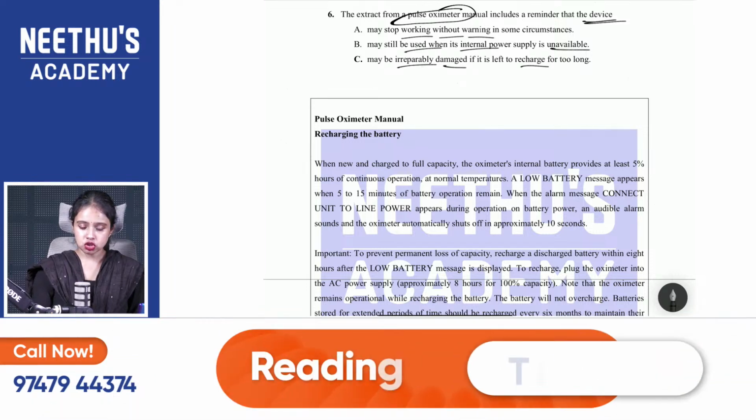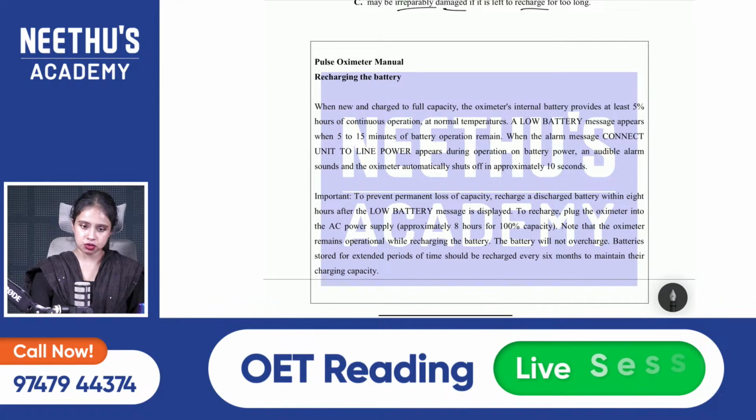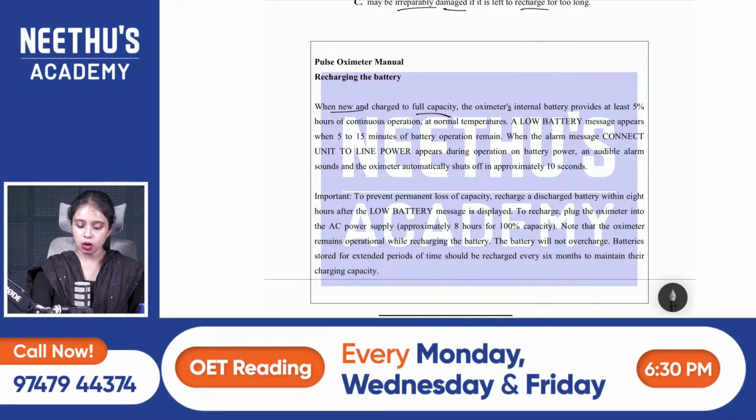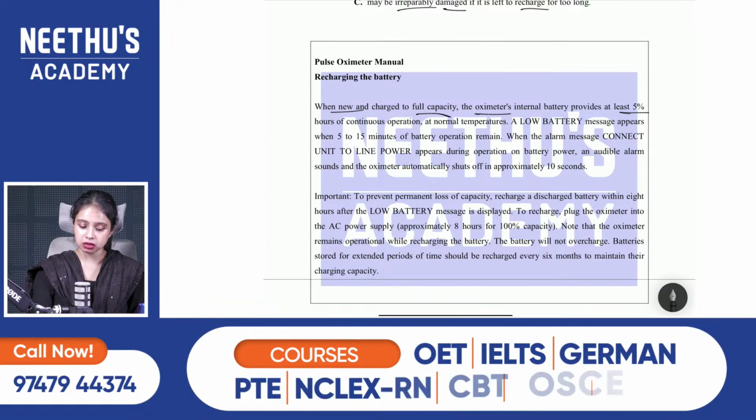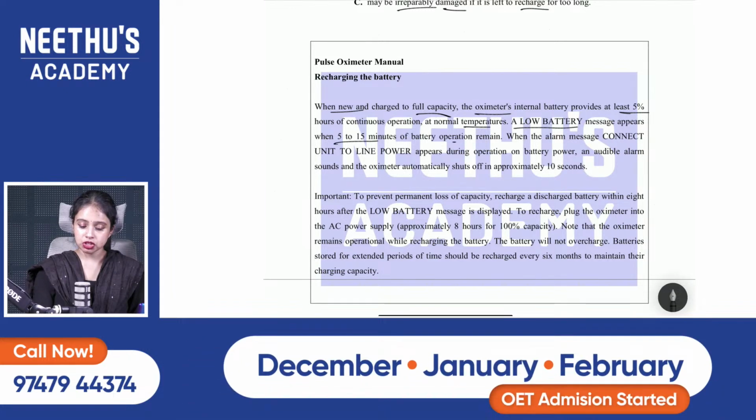And into this material, pulse oximeter manual, recharging the battery. When new and charged to full capacity, the oximeter's internal battery provides at least 5 hours of continuous operation at normal temperatures. A low battery message appears when 5 to 15 minutes of battery operation remain.